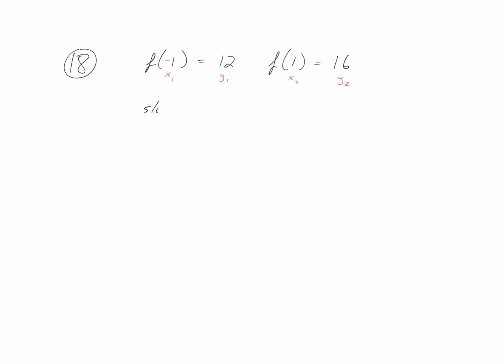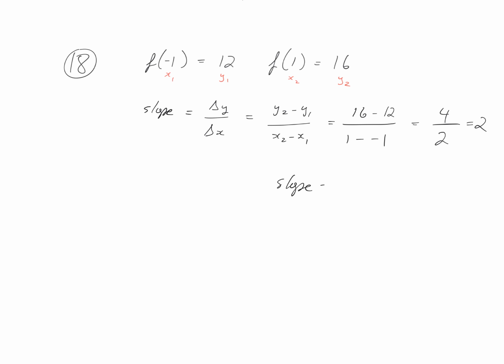And the slope is equal to the change in y over the change in x, which is y2 minus y1 over x2 minus x1, which would be 16 minus 12 over 1 minus negative 1, which is 4 over 1 plus 1 is 2. So the slope is equal to 2.